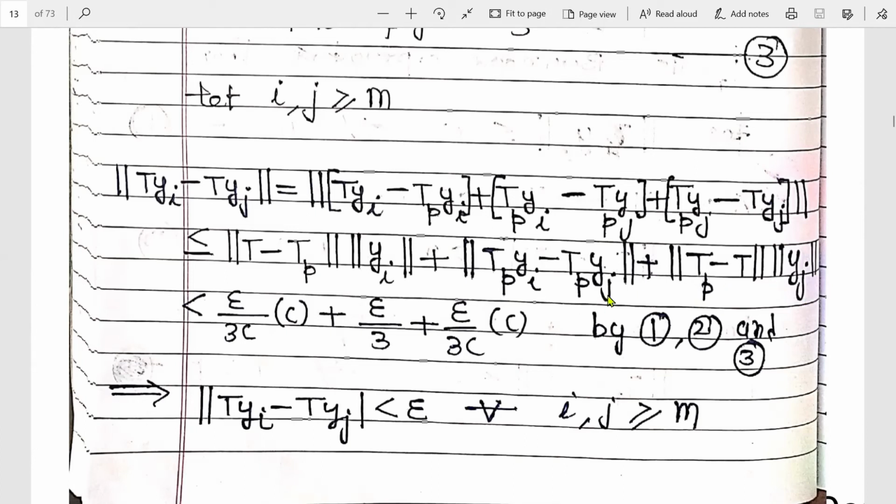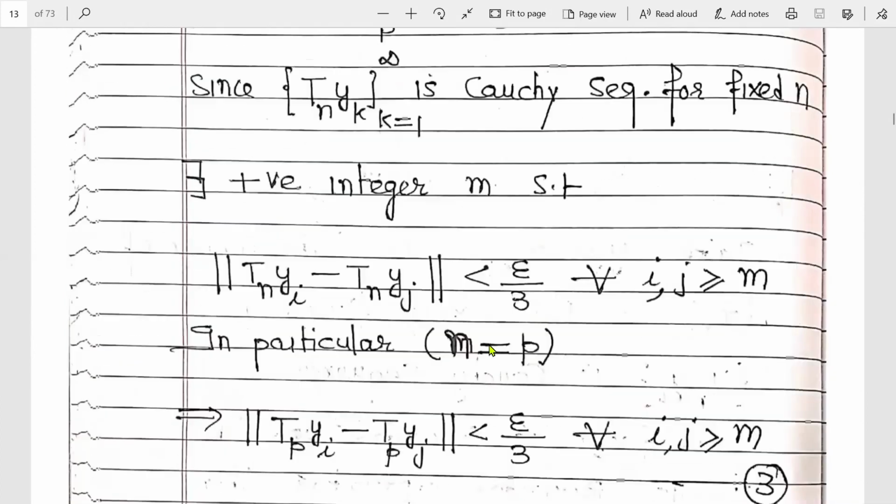Here it is different, y_i and y_j, so here T_p y_i minus T_p y_j. Clear? Now in this case, this norm is less than or equal to epsilon by 3c. Again, this is less than or equal to epsilon by 3c. And the norm of y_i and y_j is less than or equal to c, as in this equation.